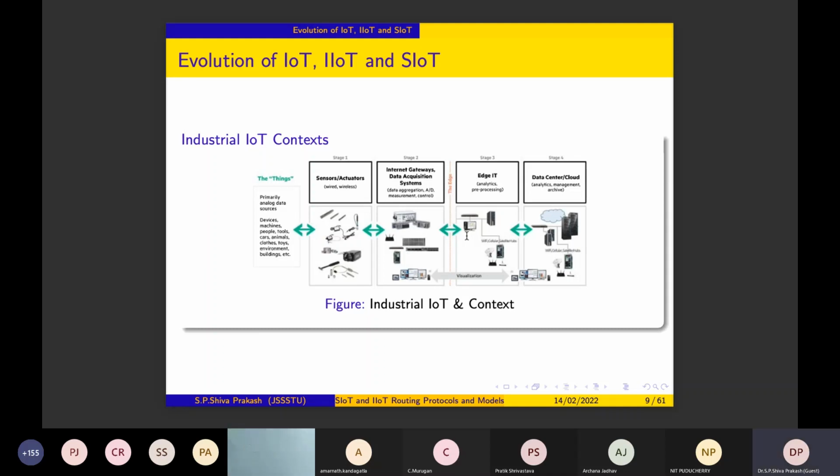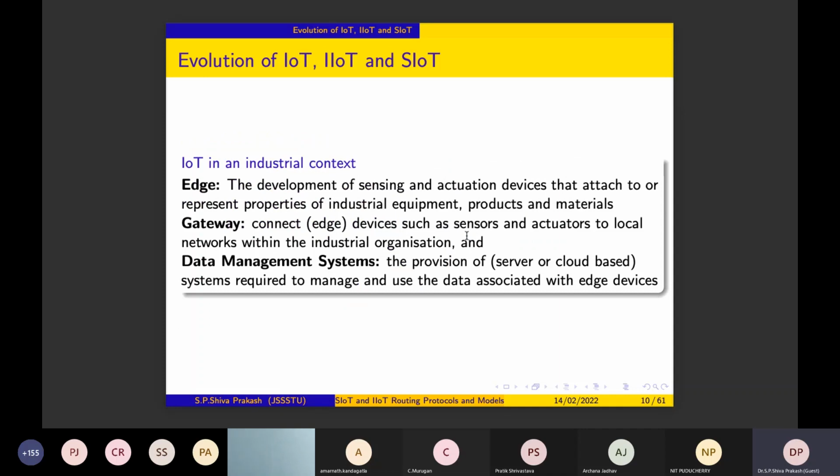Where we try to pre-process these collected data, right? And that will be sent to a data center, which is a cloud, where we try to analyze this data and manage it, right? So in the edge stage, it is the development of sensing and actuation devices that attach to represent properties of industrial equipment or the product and also the materials.